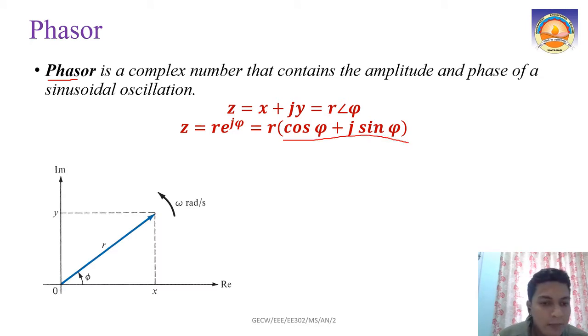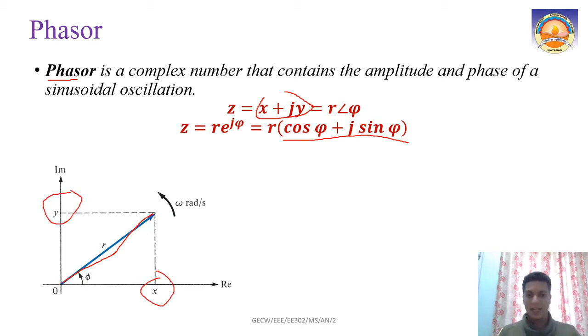So when we make it static, whatever you saw in the last figure as an animation, it is the same thing. Here, r is the magnitude of that vector. r is given by root of x square plus y square. When you have a vector x plus jy, then r is given by root of x square plus y square, right?